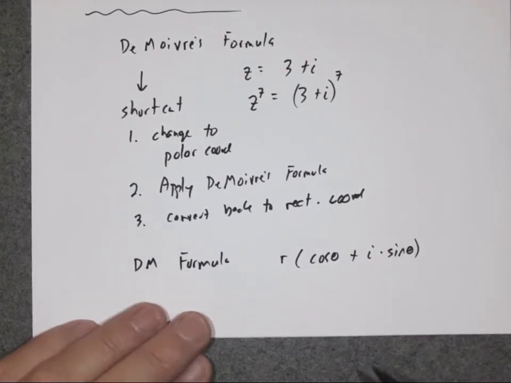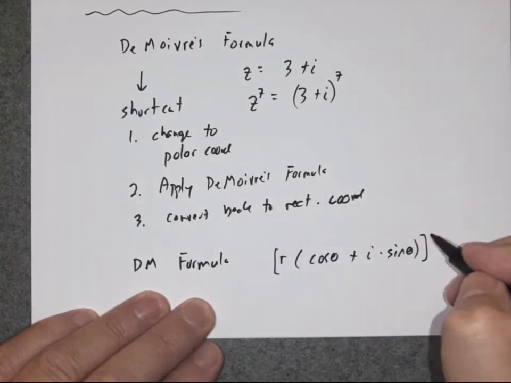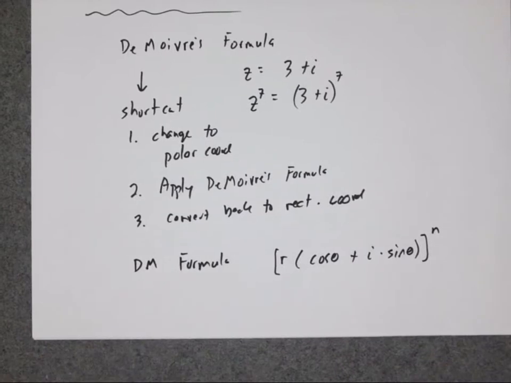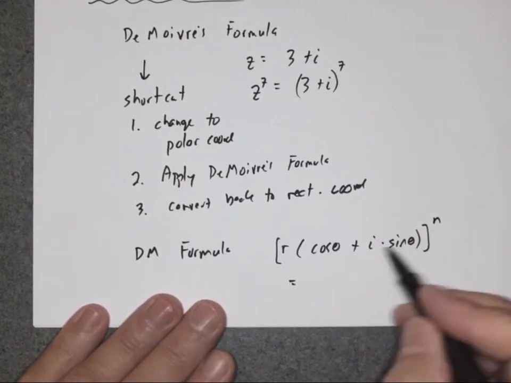What De Moivre says is, okay, you're going to take a complex number and raise it to a certain exponent, a certain power. What does this equal?